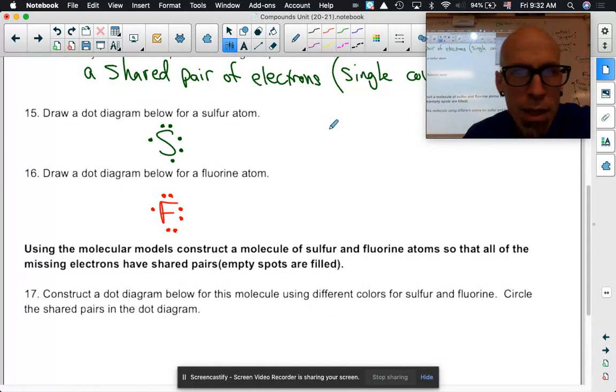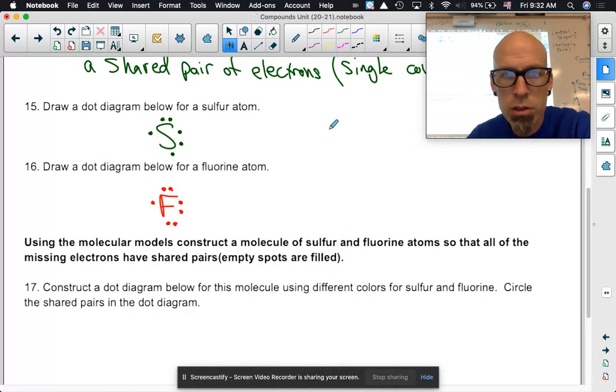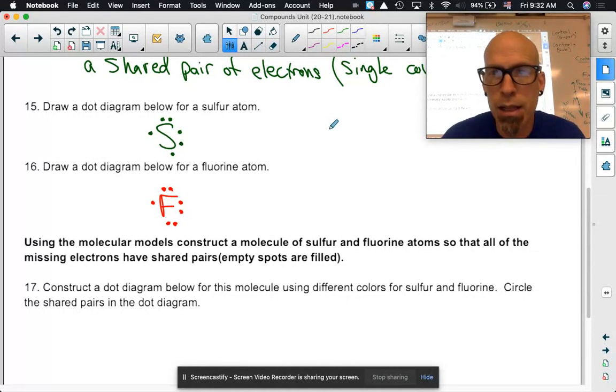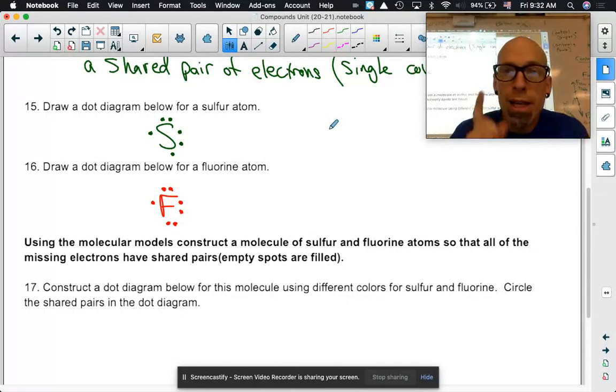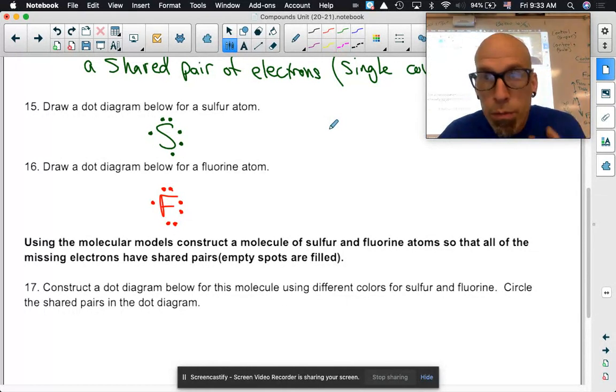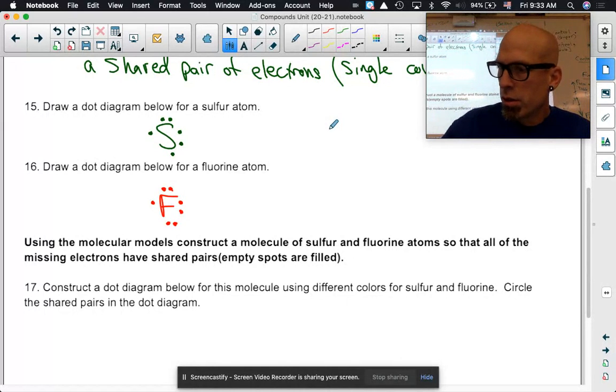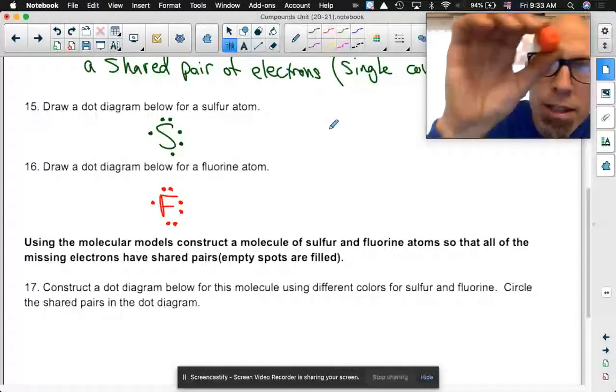And so using the molecular models, construct a molecule for sulfur and fluorine atoms so that all the missing electrons have shared pairs, or empty spots get filled. So, molecular models. First we have to locate which one of these things is which. Now, I happen to have this one right here.